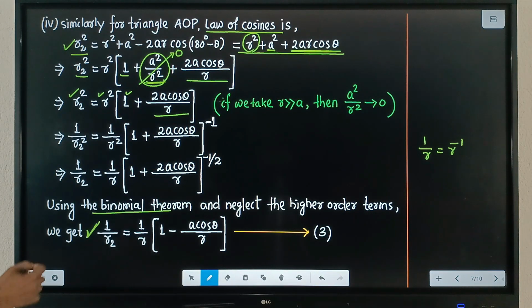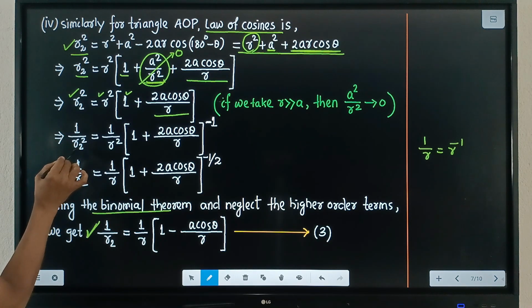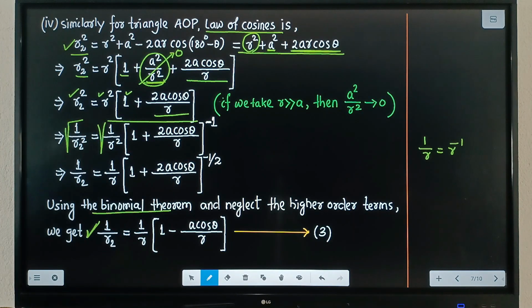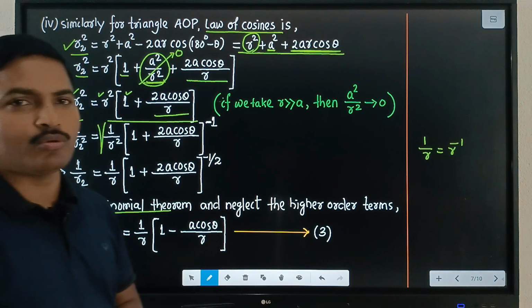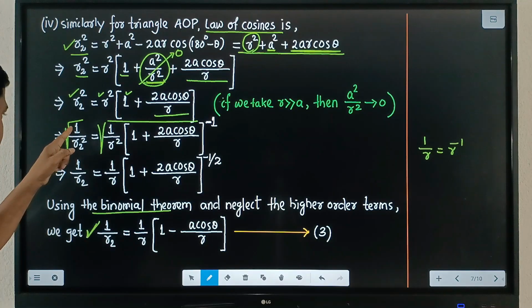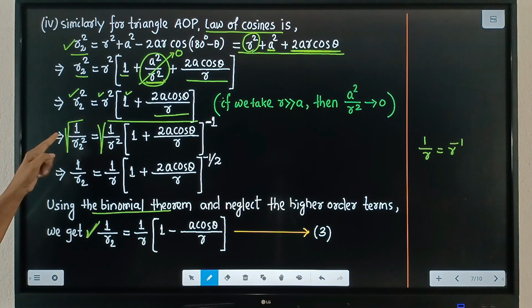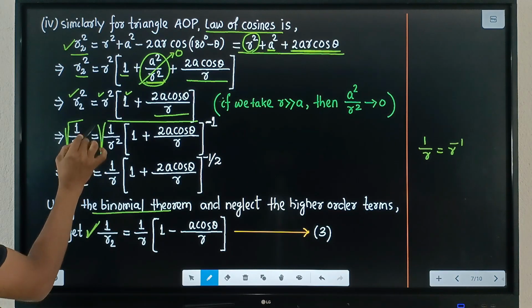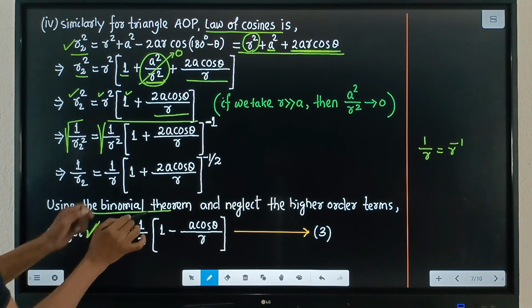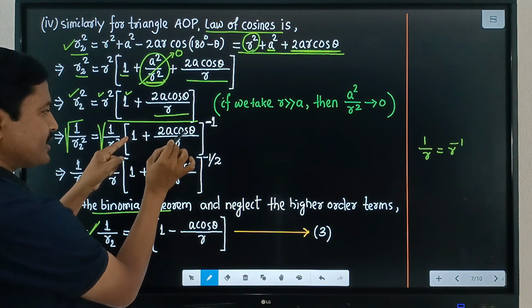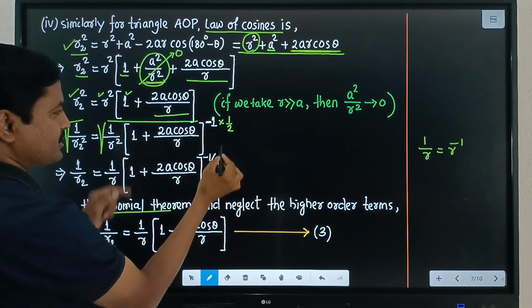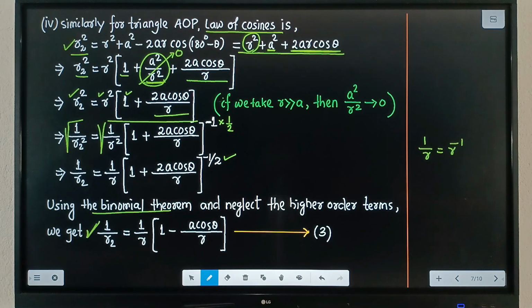Then we take the root on both sides, so 1 divided by R2 square and its root, we also take the root on the right hand side. Root means power equal to half, so in place of R2 square and its root, simply we write 1 by R2. Here 1 by R square, its root, we write 1 by R. Here 1 plus twice A cos theta by R, its root means multiplied by half, so we write minus half.